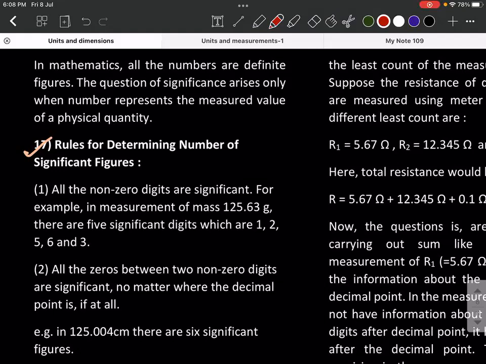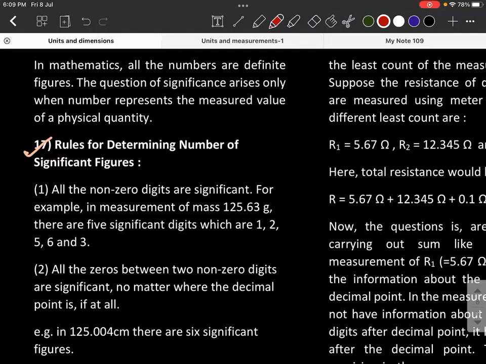First, all non-zero digits are significant. For example, in measurement of mass, suppose the answer is 125.63 grams, which has 5 significant figures. What are they? 1, 2, 5, 6, and 3.